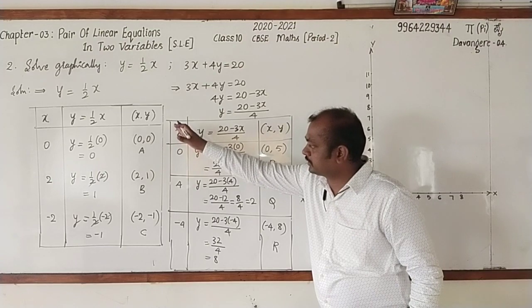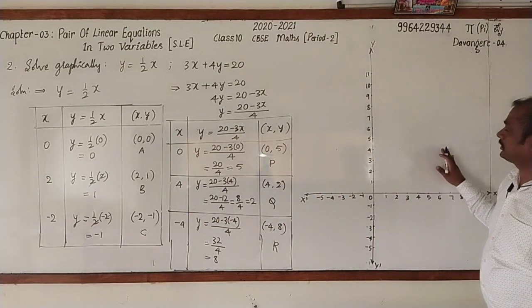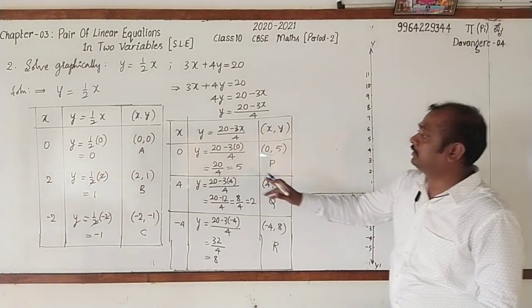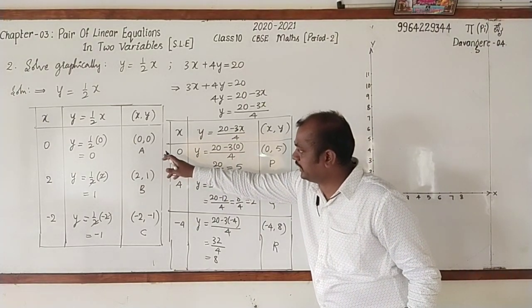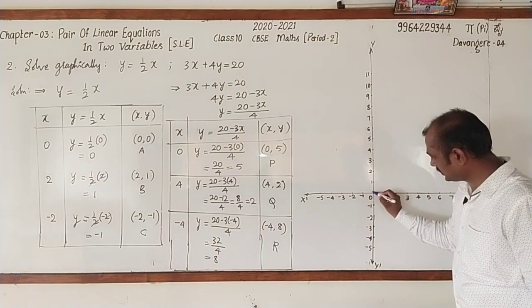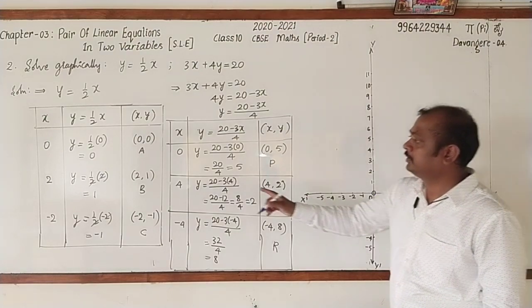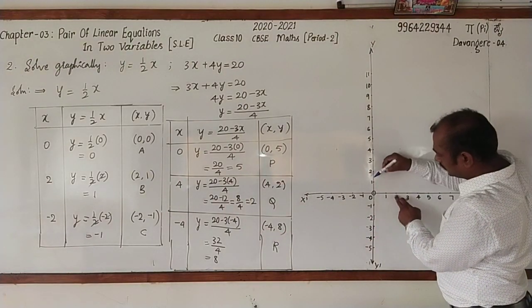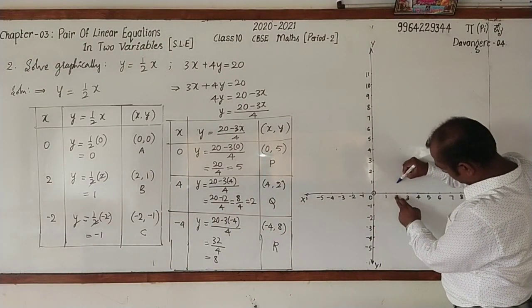Let us go for marking these coordinate points in the graph. I have drawn the x and y axis. Then let us take these points. A is 0 comma 0, that comes here. B is 2 comma 1. When x is 2, y is 1. See, that comes here.